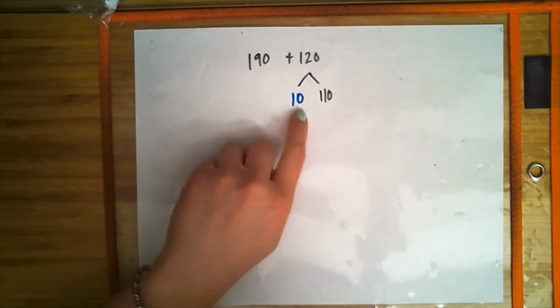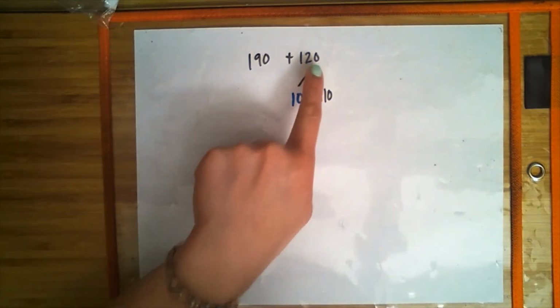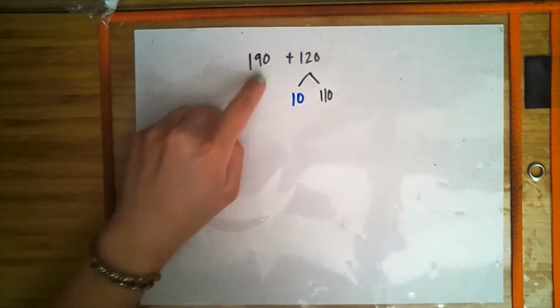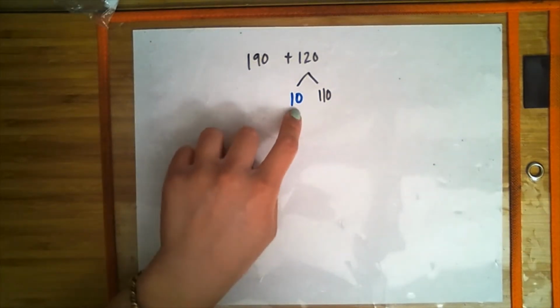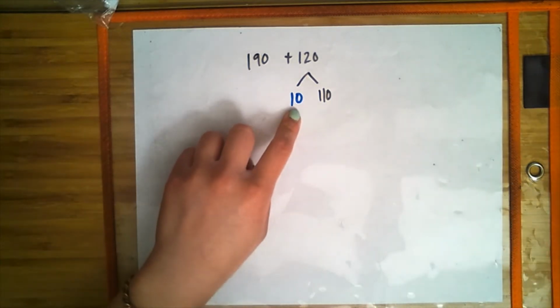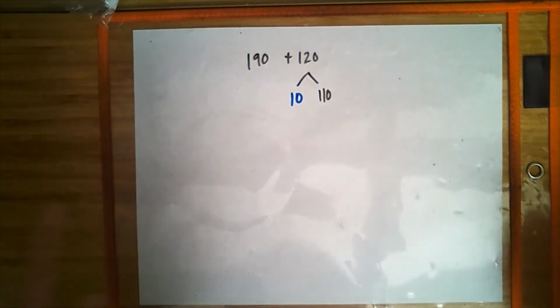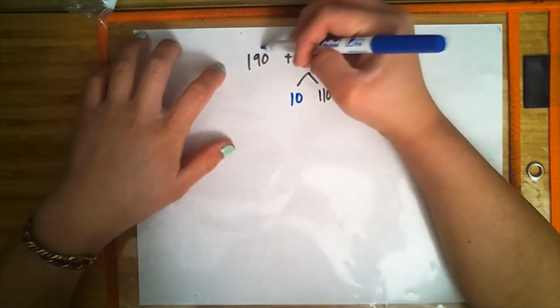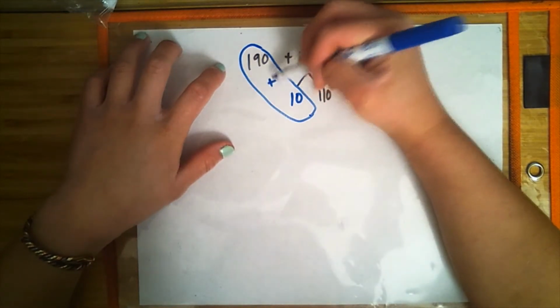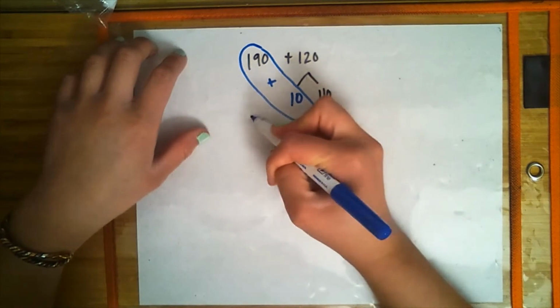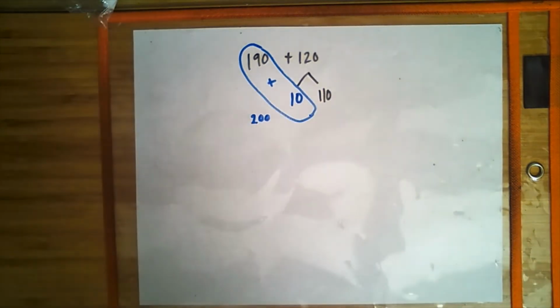Now we can add the 10 from the 120 to the 190. And we know that 190 plus 10 equals 200. So to help us with that, we can even circle it, put a plus sign, and then write a baby 200 right there.